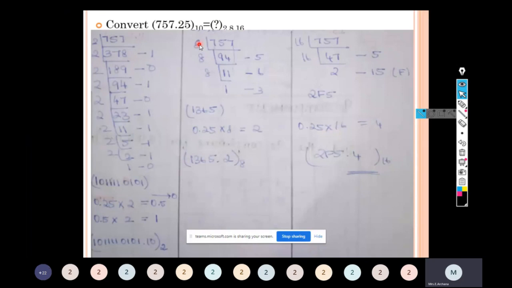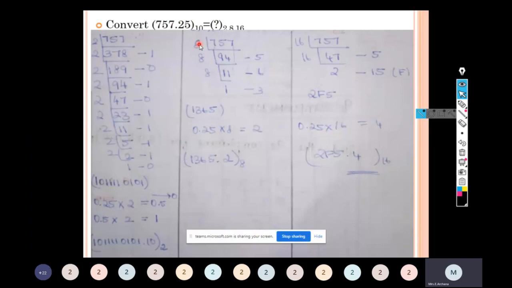For the integer part, we have to start from the LSB. For the fractional part, we have to start from the MSB. So we have to multiply each bit with its corresponding weightage for the conversion of any radix to decimal.